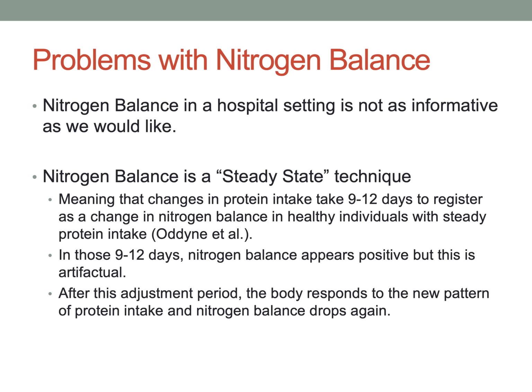In those 9 to 12 days, you're feeding them more, but it hasn't affected their nitrogen output yet. So nitrogen balance is going to appear to be positive, but this is just an artifact of the fact that you're feeding them more and you haven't gotten through the adjustment period.